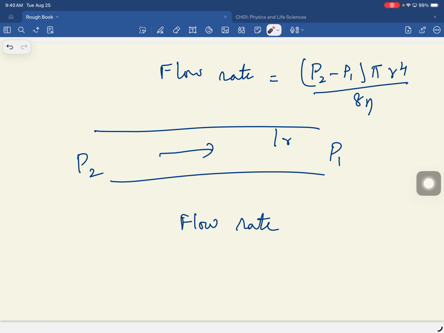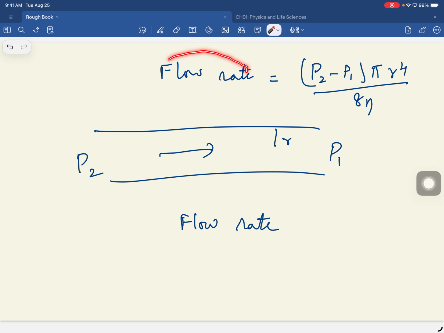If I'm just making up numbers, if a gallon a minute is flowing, then 5 gallons a minute will flow during intense exercise. So you want to increase this flow rate. How do you increase it? You want to increase this number. That's the radius of the blood vessel. This is the pressure difference.